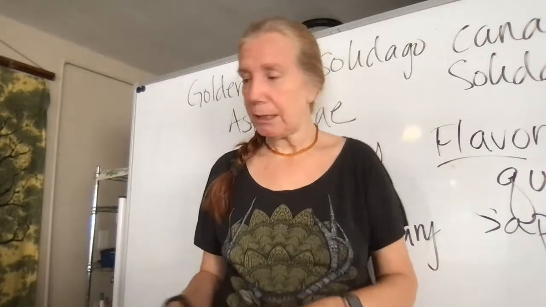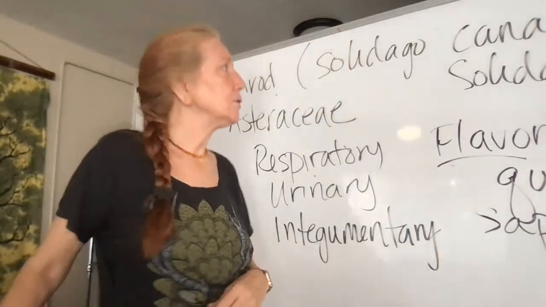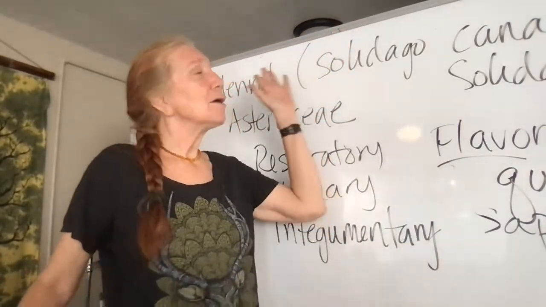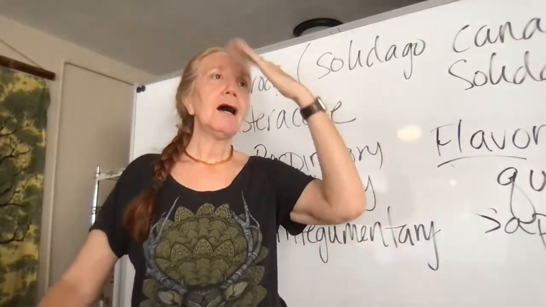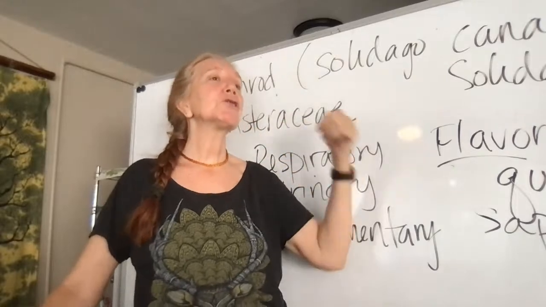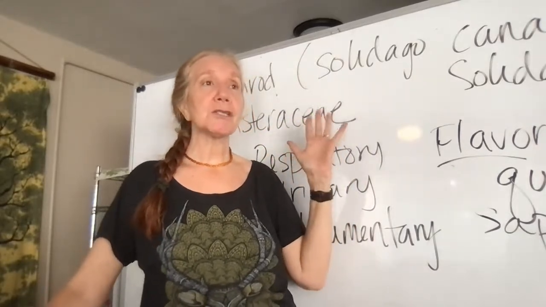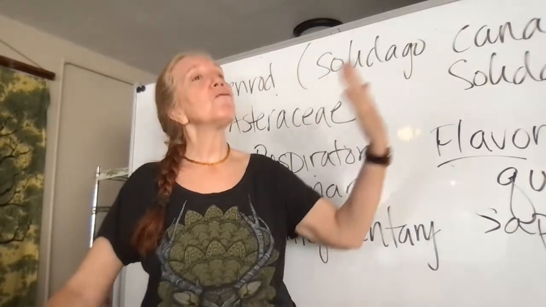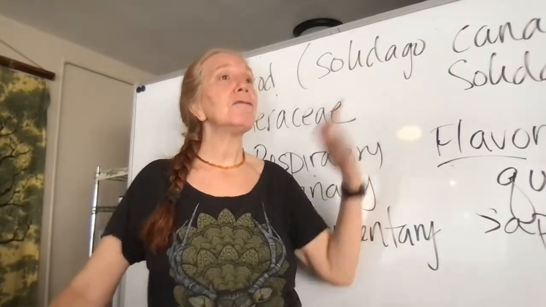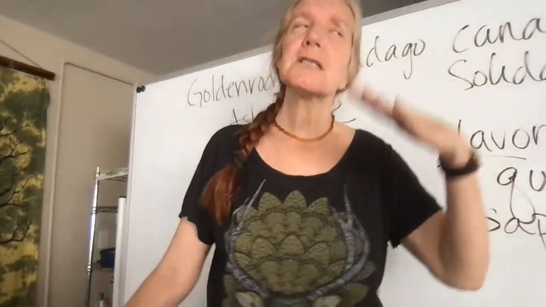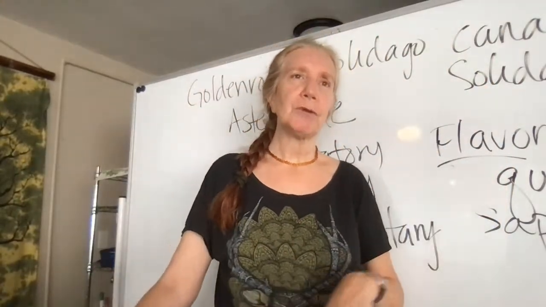Taking it as a tea can be a decent way to do that. But goldenrod is really strengthening to the mucous membranes, and it really helps to reduce allergic responses. So we actually use goldenrod for treatment of allergies, and generally the incidence of an allergic response to goldenrod is significantly lower than people tend to assume.